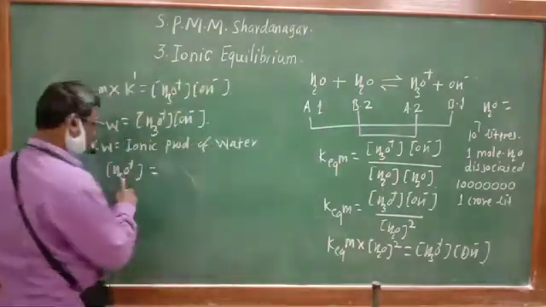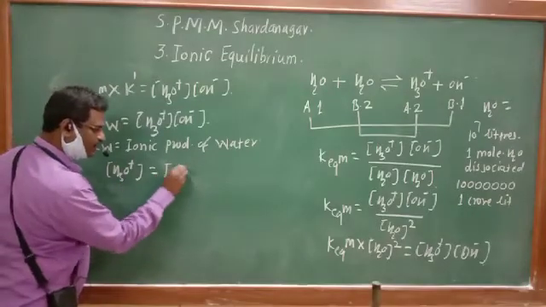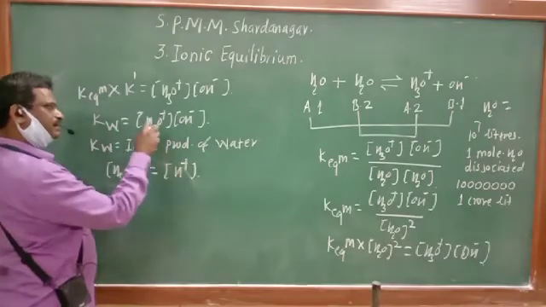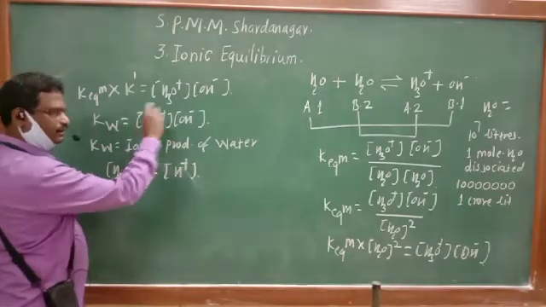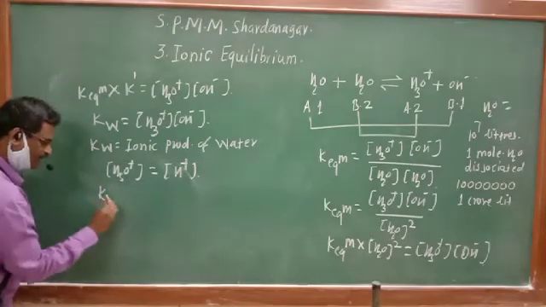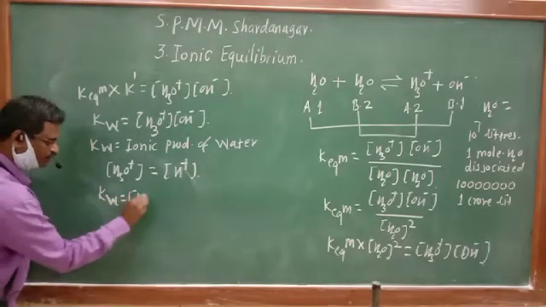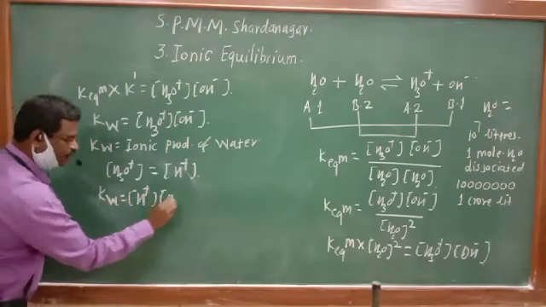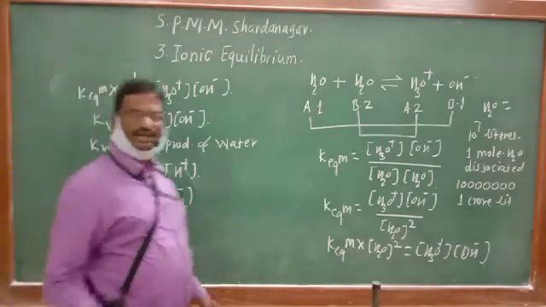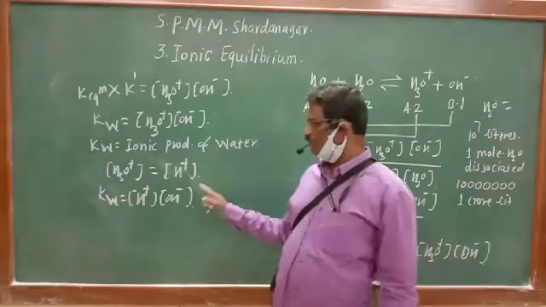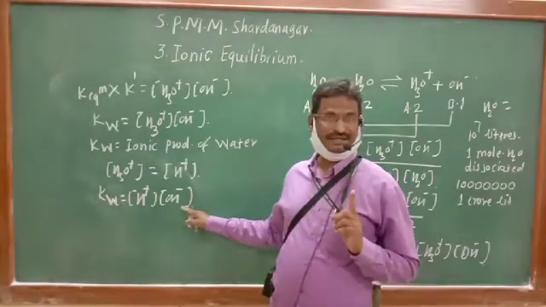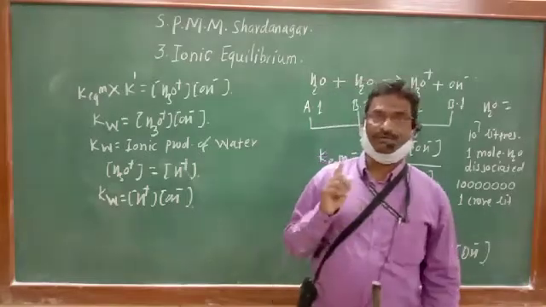Therefore, concentration of H3O plus is equal to concentration of H plus ion. This is the ionic product of water. This can also be replaced like this. Kw will be equal to concentration of H plus into concentration of OH minus. This is also known as the ionic product of water.